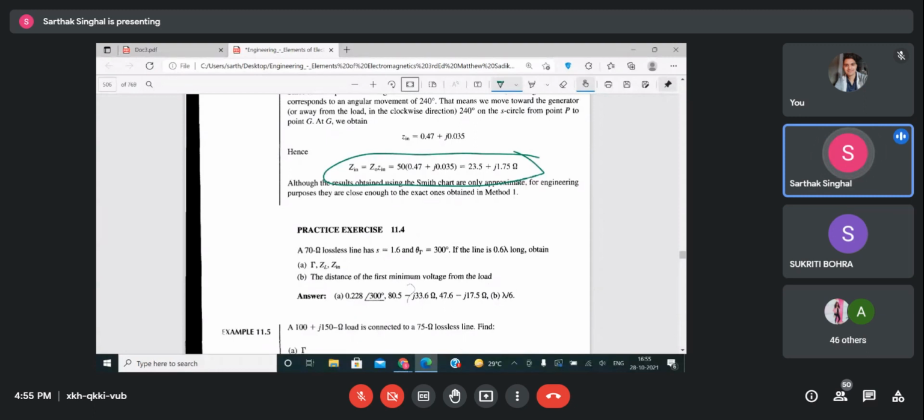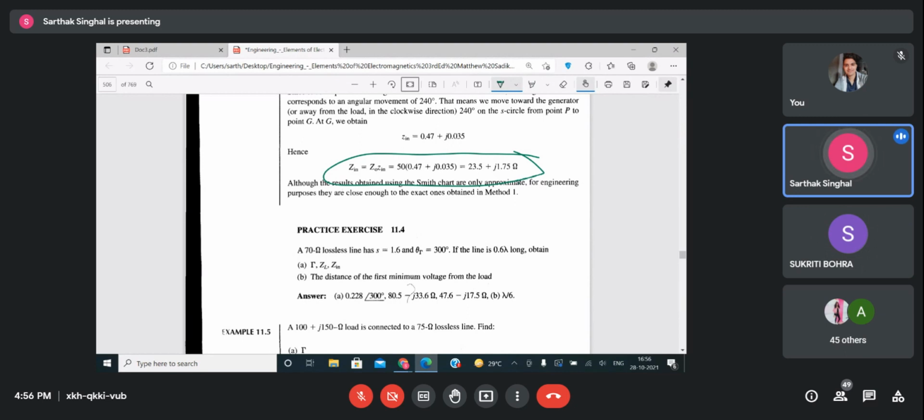Now you can go through the book by Sadiku, in which a few examples are given on stub matching. I will share one or two video links on Google Classroom, which you can access to get familiar with Smith chart impedance matching.